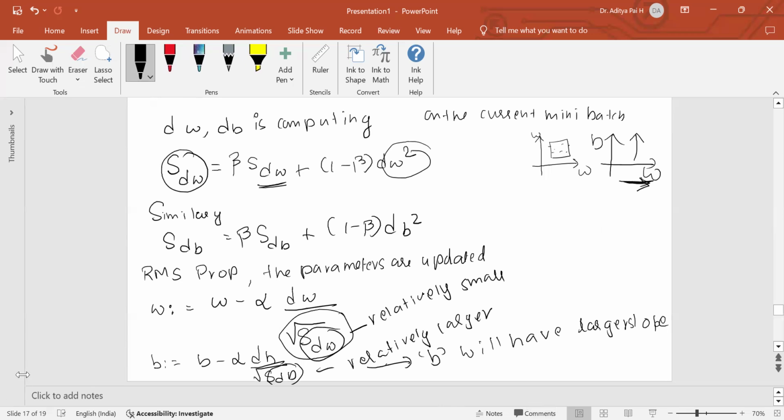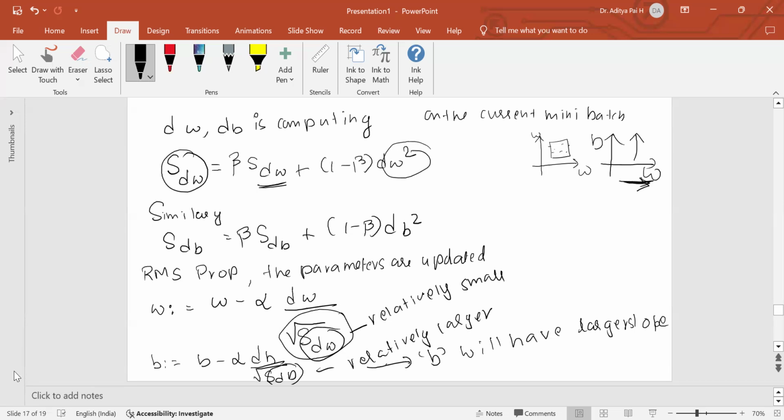The net effect is that the updates in the vertical direction are divided by a much larger number, and it helps to damp out the oscillation. Whereas the updates in the horizontal direction are divided by a smaller number, so it has a much faster rate of reaching the minimum.